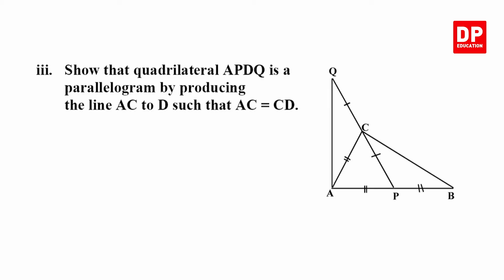Look at the third part. Show that quadrilateral APDQ is a parallelogram by producing the line AC to D such that AC is equal to CD.